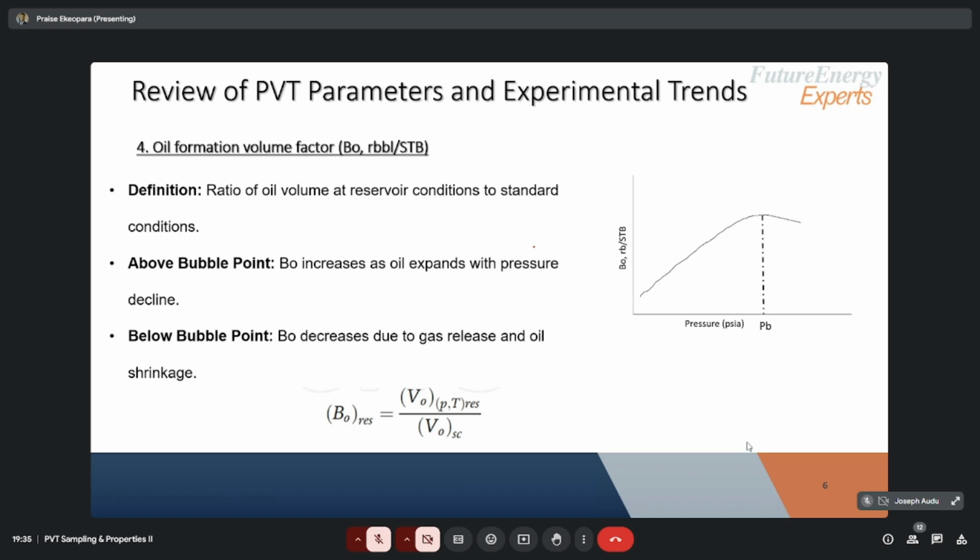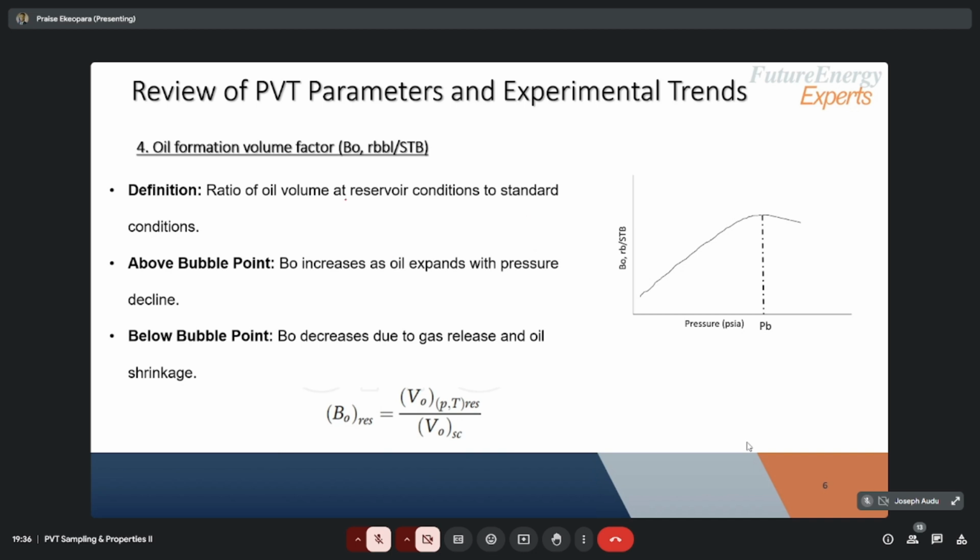Another parameter that is of great importance too is the oil formation volume factor. In simple terms, anytime they mention formation volume factor, be it oil, be it gas, always see it as a conversion factor that tries to relate what this volume will be in this condition with respect to the other condition, how will volume change.